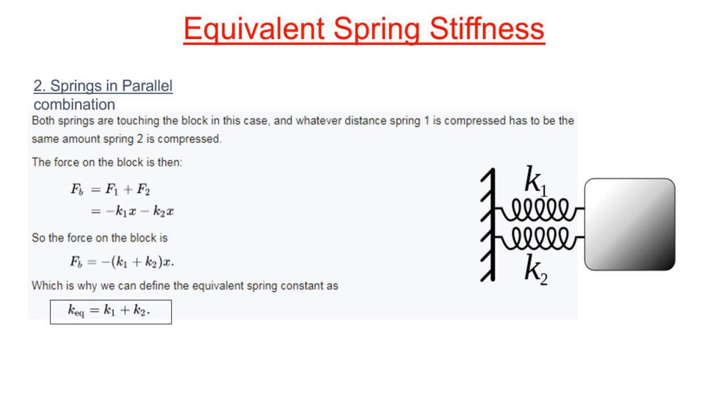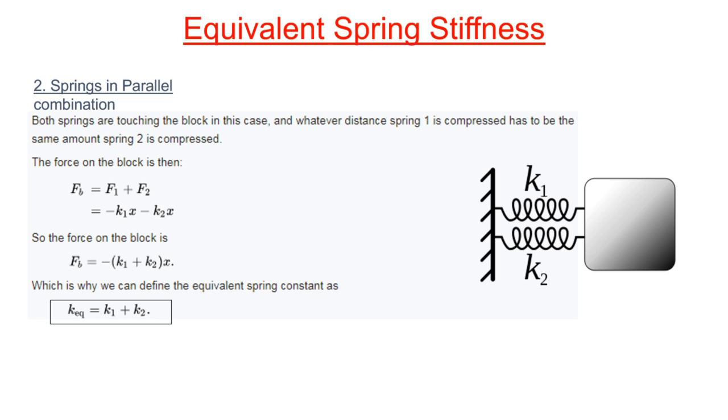Next, if suppose springs are in parallel, then both the springs are touching the block in this case, and whatever distance spring 1 is compressed, same will be for spring 2. Therefore, these springs will be in parallel combination.